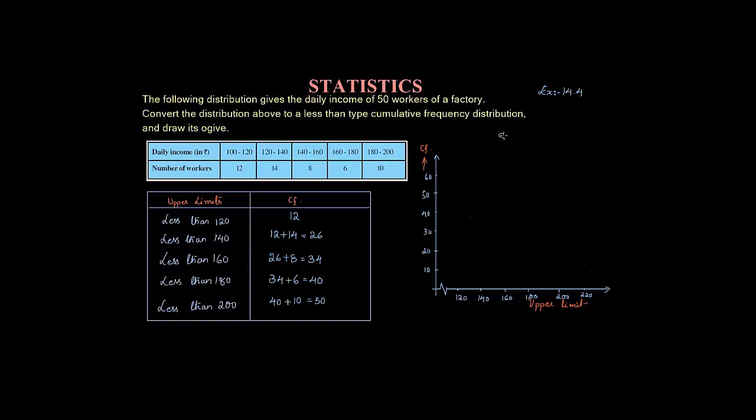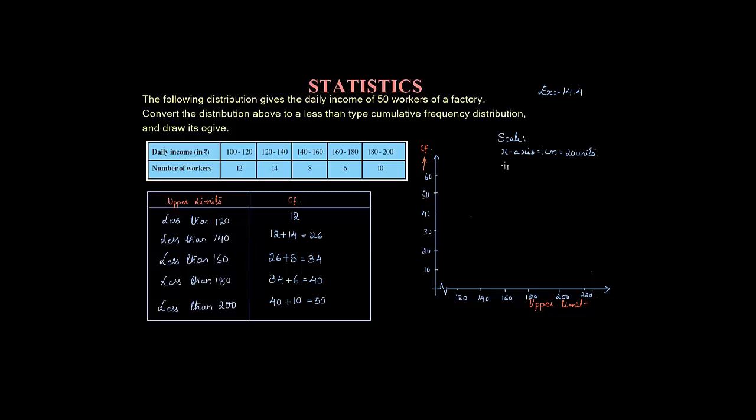Please don't forget to write the scale. What is the scale? For the x-axis, if from here to here it is 1 centimeter, then how much have we taken? We have taken 20 units. For 1 centimeter, 20 units.